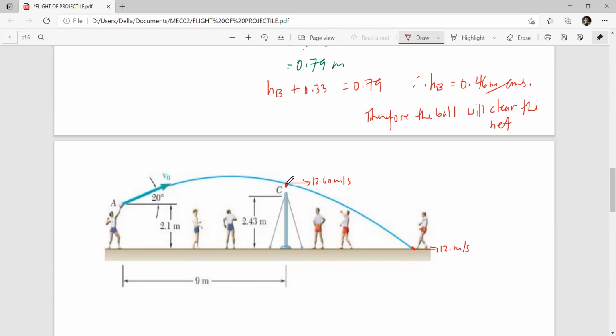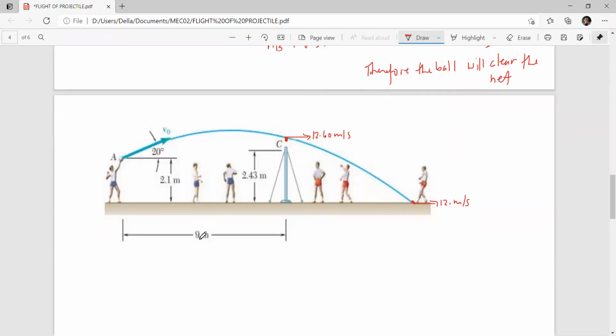Because obviously, let us determine if the vertical velocity at point B is going up or going down. So VBY, that is the final velocity, is equal to the initial velocity at A, V0Y, minus g t.